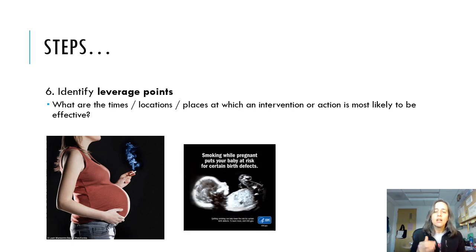Because now it's not just about them, it's about the baby. So you have this opportunity that you don't normally have to say, well, it's not just about you. There's another life here that's involved. And so oftentimes people are more open to change, more motivated to change during pregnancy, for example. So looking for those times when, if you intervene, you are more likely to be successful.